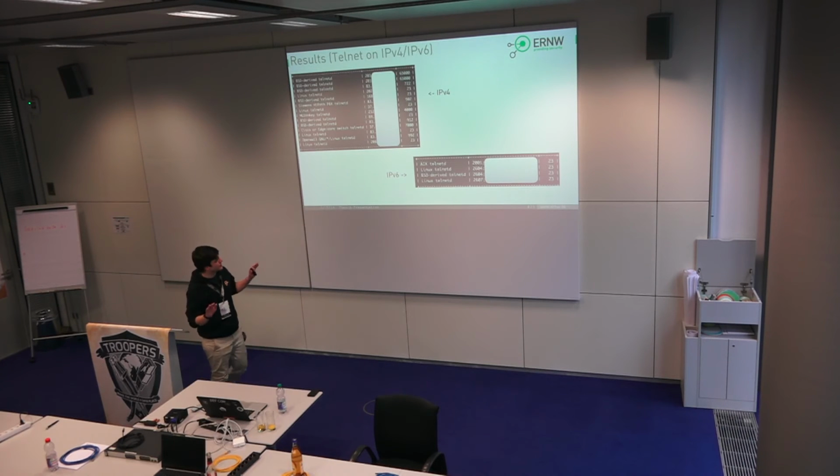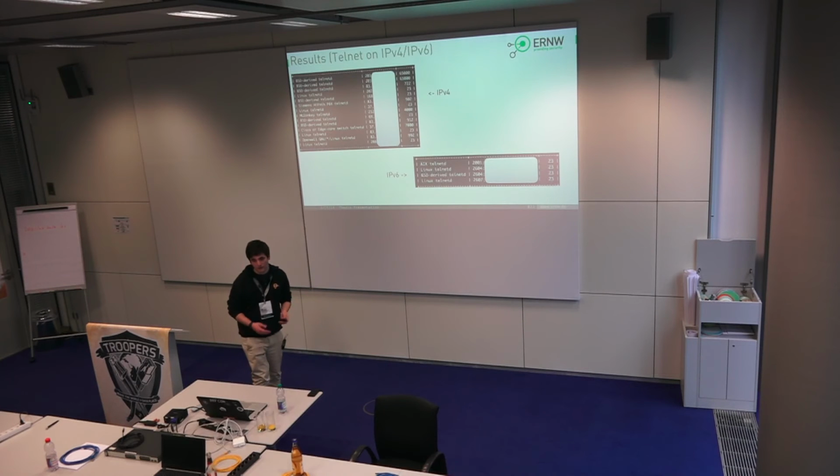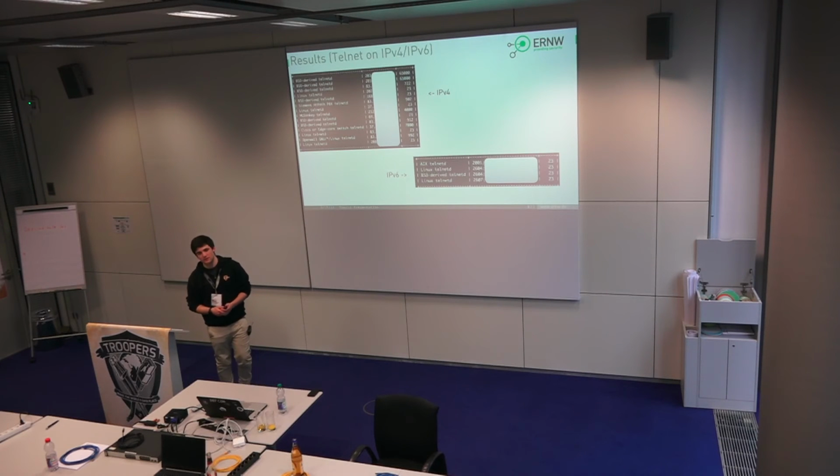So I can just show you that I found those on IPv6, and this list includes 500 more on IPv4. I think Nmap uses some kind of fingerprint detection on the port and matches it to a database, and was able to identify those.